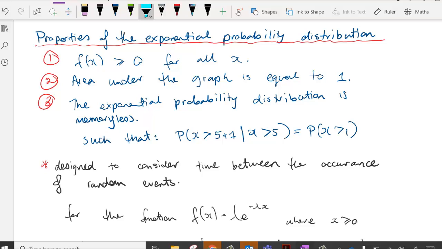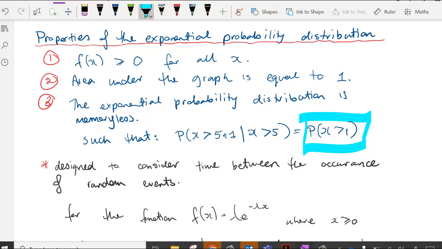So what we mean by memoryless is that it does not consider what has happened before. This 5 minutes that's already passed is not considered when we're solving the problem. We're just looking at the problem from that starting point.